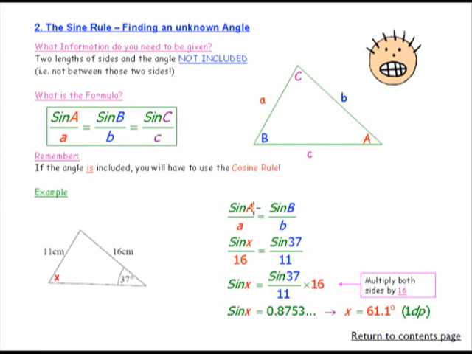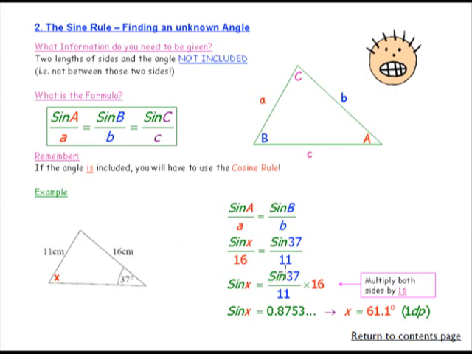Coming to the sine rule, sine A divided by a is equal to sine B divided by b, where A is angle x. So sine x divided by 16 is equal to sine of 37 divided by 11.